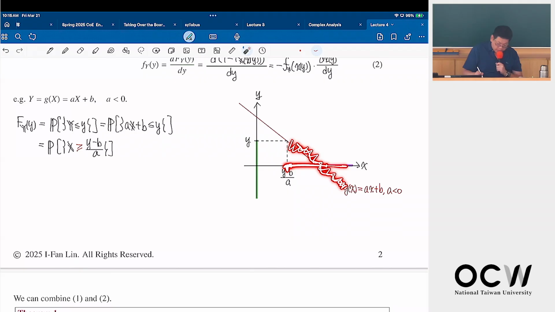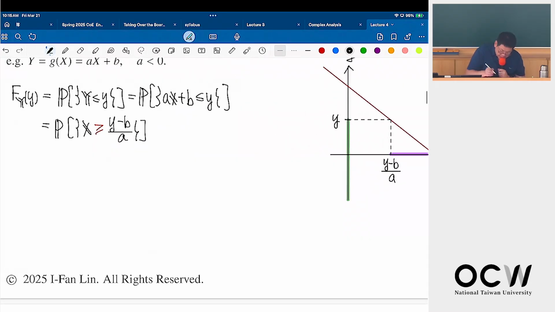So if I have a greater than or equal to, it means this probability is equal to 1 minus the probability of x less than y minus b over a, which is the CDF of x at y minus b over a.